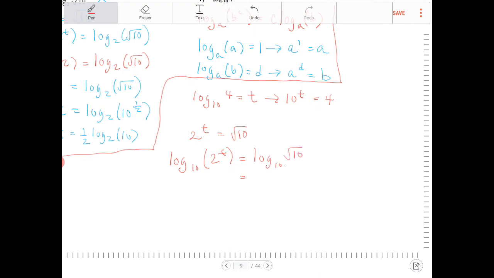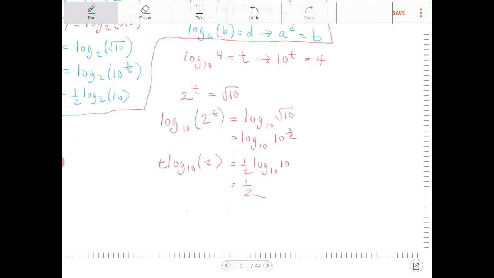On the right-hand side, this is log base 10 of 10 to the 1/2. Applying both the power rule and identity, I end up with 1/2 log base 10 of 10, which is just 1/2. And on the left-hand side, applying just the power rule, I end up with t log base 10 of 2.